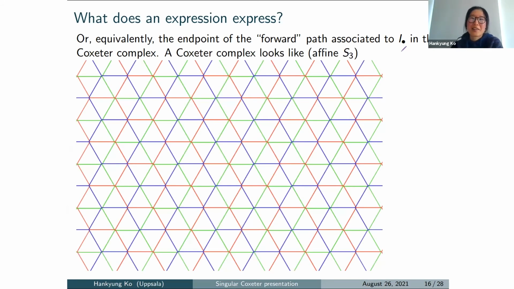And we do it in the Coxeter complex. So what I gave for S3 was a picture of a Coxeter complex, and I'm not defining this, but I give another example, which is for this affine S3, where M was 3 for all pairs in the generating set STU. And this picture is a picture of the Coxeter complex.